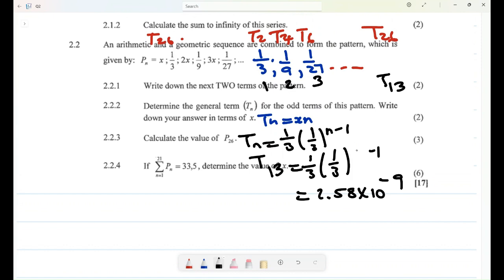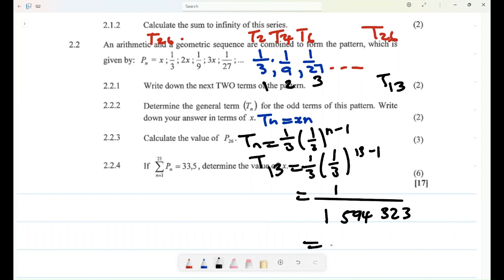This is 13 minus 1. Then we should get a different answer there. How much do we get? Sorry about that, I don't like making mistakes at all. So it gives us 1 divided by 1594323, or someone can say it is 6.2327 times 10 to the power of negative 7.